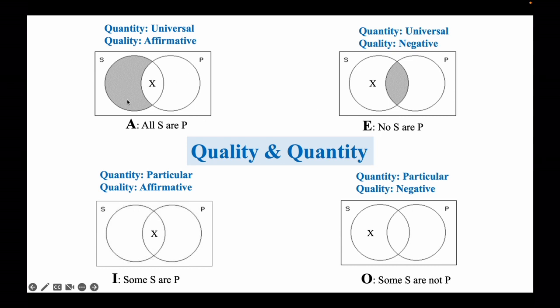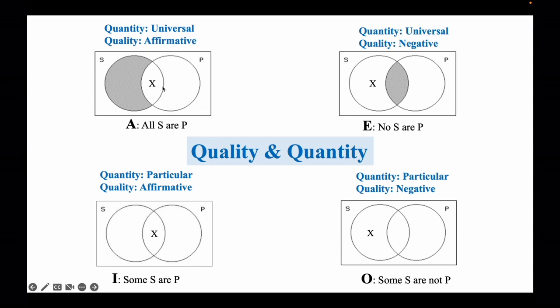In other words, according to the traditional square of opposition, there exist members, even in the universal affirmative and in the universal negative.